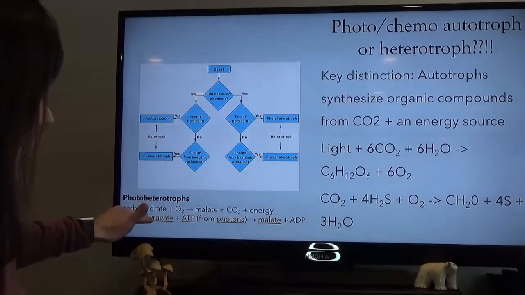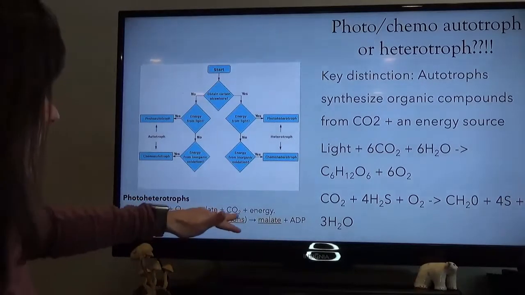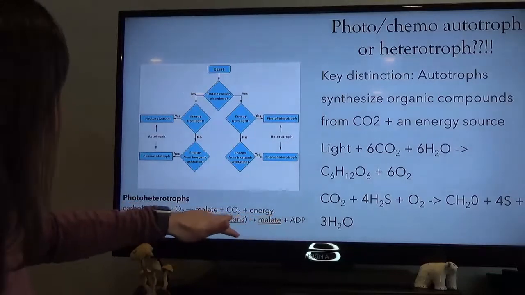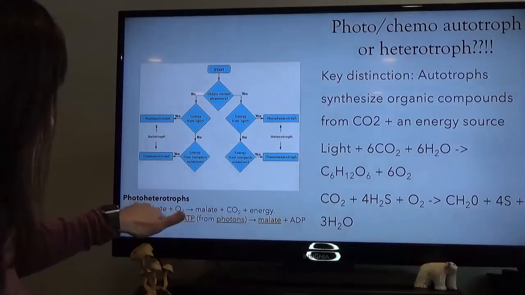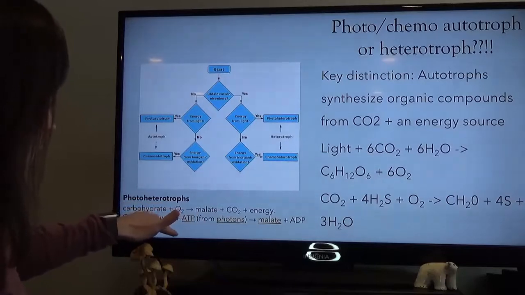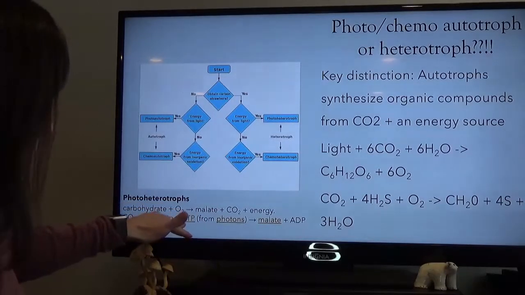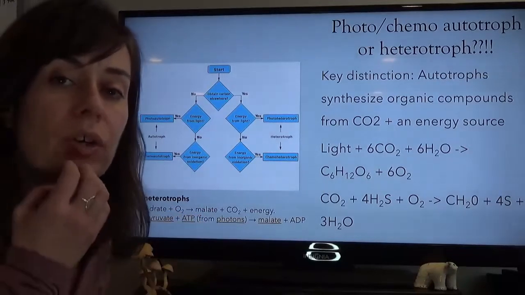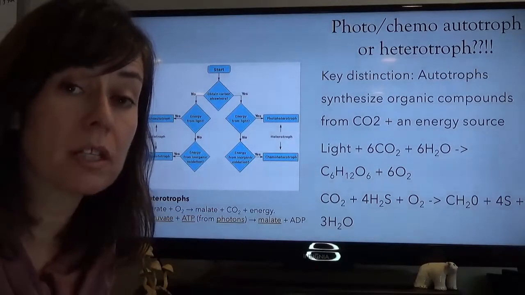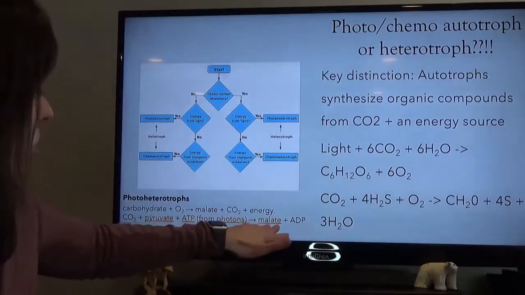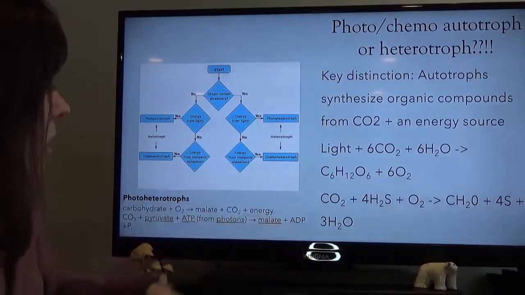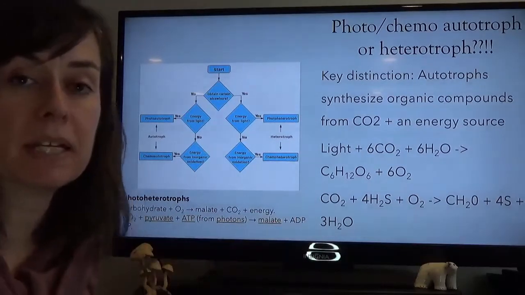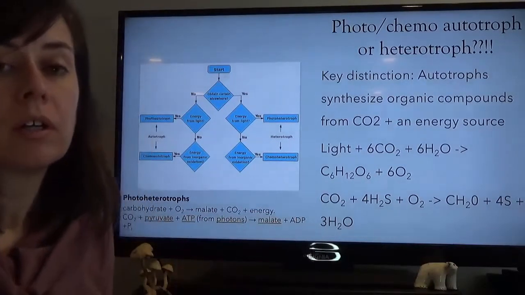So they have to break down a carbohydrate to produce malate and CO2 and energy, and that CO2 is then used in combination with another carbon compound, pyruvate, plus ATP, that phosphorylation happens thanks to photons of light to produce a carbon compound, and then reduce this to ADP. Okay, so that's the difference.